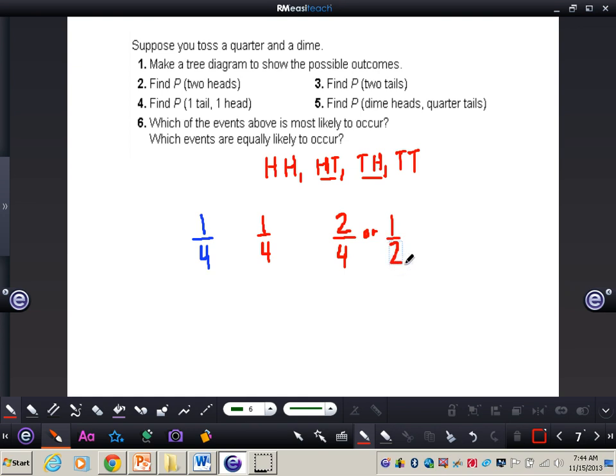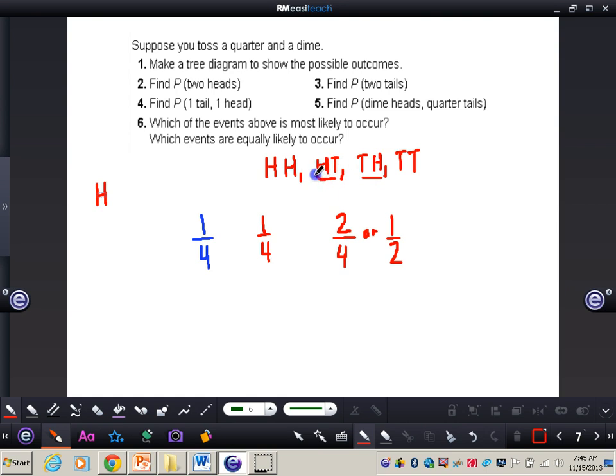Okay, now number 5, find probability of dime heads, quarter tails. Okay, so this could be a little bit trickier here. Okay, the dime heads and quarter tails. So we can see with that it would still be 1 out of 4 chances because the dime could land on the head. Okay, and then the quarter tails.